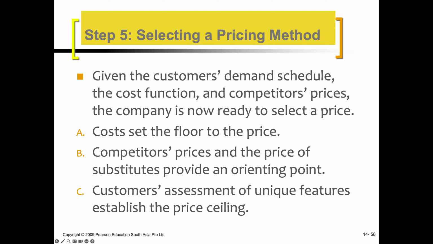You remember how we talked about setting the maximum price and the floor to the price? The competitor prices and the price of the substitutes provide an orienting point, and the customer's assessment of unique features establishes the price ceiling as well.